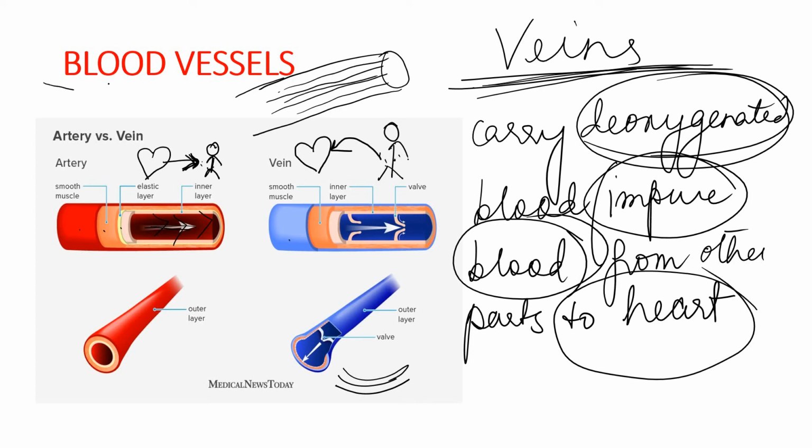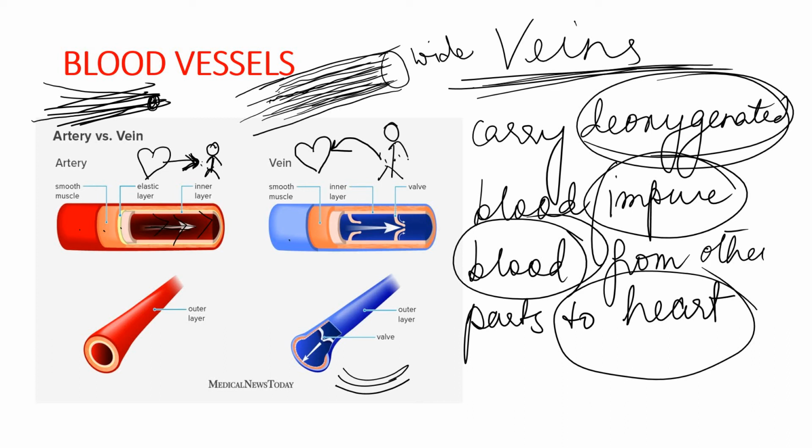But in the case of arteries, the passage is quite narrow, so the blood rushes like anything. But here, as the passage is wide in the case of veins, the blood flows at a low pressure, not much pressure, slowly, slowly, slowly.